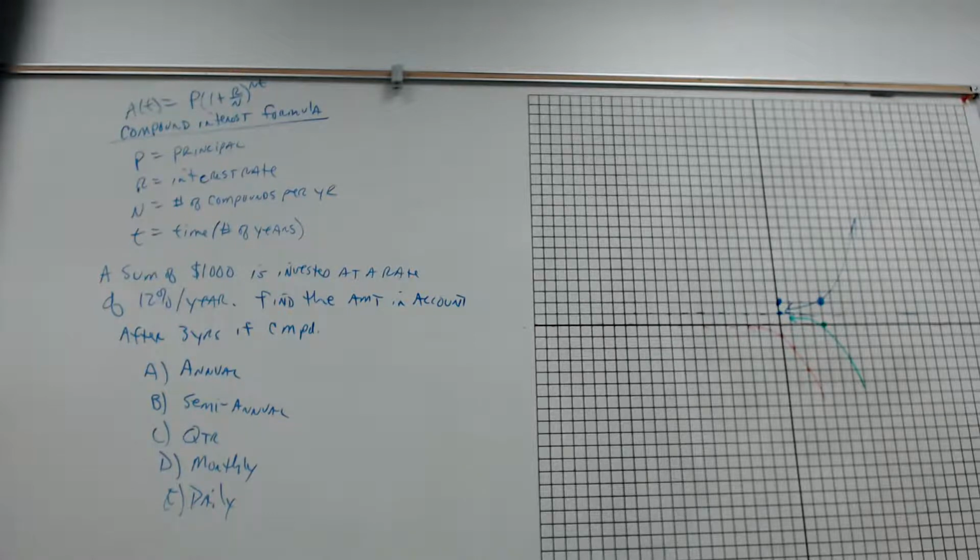Danae, can you tell me how you would set this up with an annual payment? All right, so your 1,000 is going to be your P value.